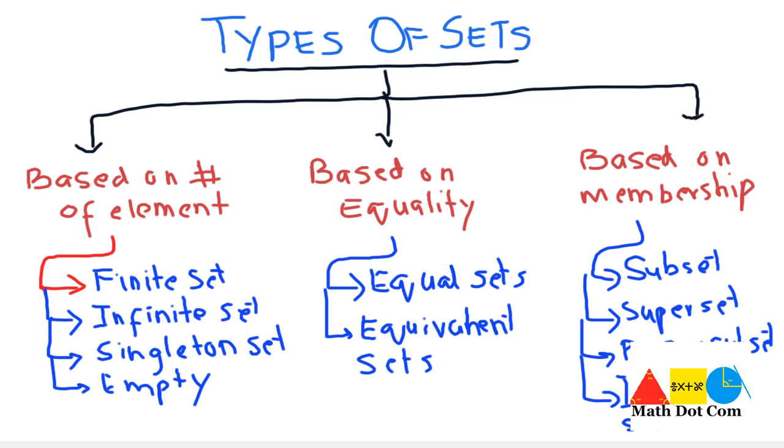These are all the types of sets based on different properties. Let's discuss them one by one so that you can easily distinguish between them. We'll start with the types of sets based on the number of elements.